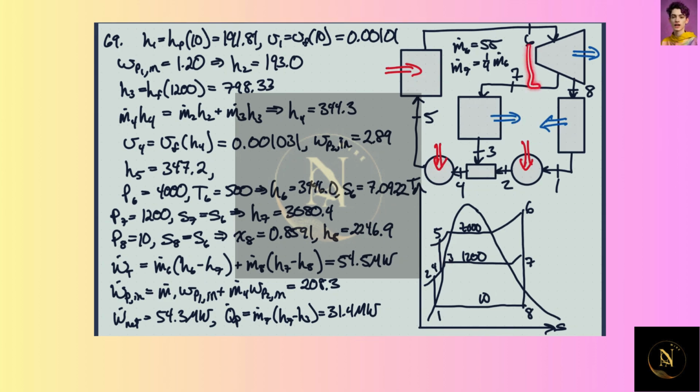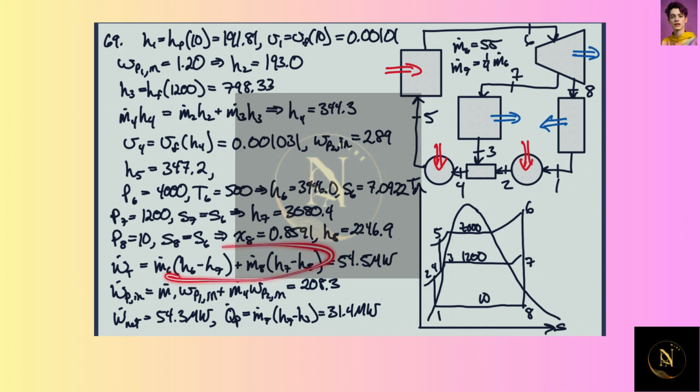So we look at the turbine here, and the power out of the turbine is the mass flow rate at 6 times the enthalpy change between 6 and 7, plus the mass flow rate at 8 times the enthalpy change between 7 and 8.